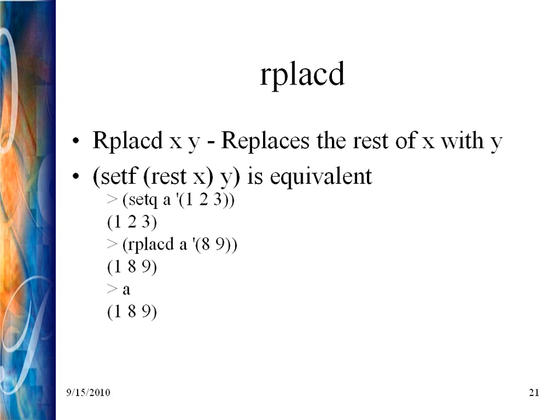I myself tend not to use these somewhat obscurely named Lisp functions, and here is the equivalent, and I just find that much easier to read. I know what this is doing, setf rest x to y. I know what that's doing, and replaca or replacd, I often have to go and look at the documentation to remind myself.